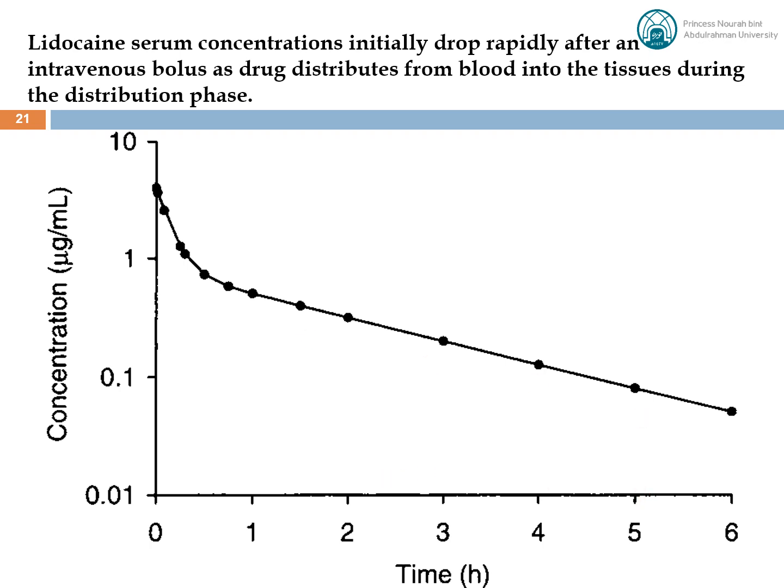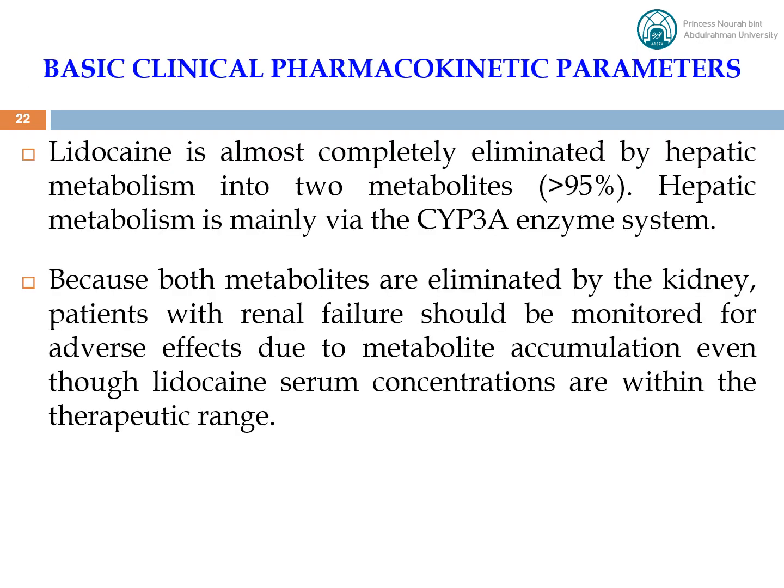So what are the basic clinical pharmacokinetic parameters concerning lidocaine? It's almost completely eliminated by hepatic metabolism into two metabolites, while digoxin was entirely eliminated through the renal route.